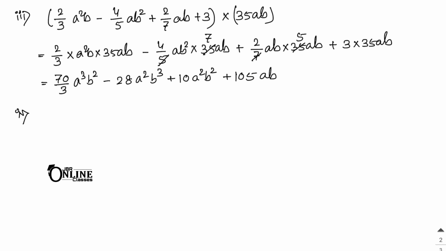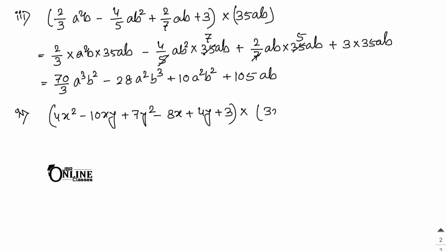Now number 4. In number 4 you have 4x square minus 10xy, then here 7y square, then minus 8x plus 4y plus 3, multiply with 3xy. So multiply it directly, so it will be 12, then x cube y.